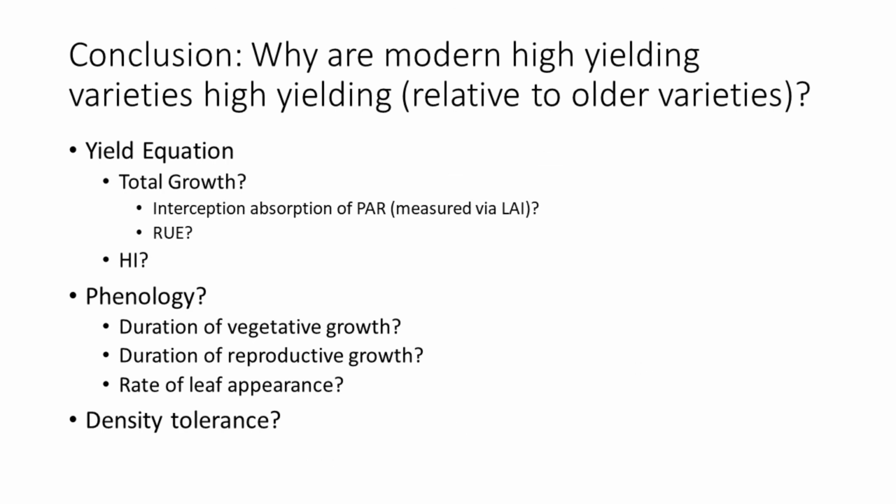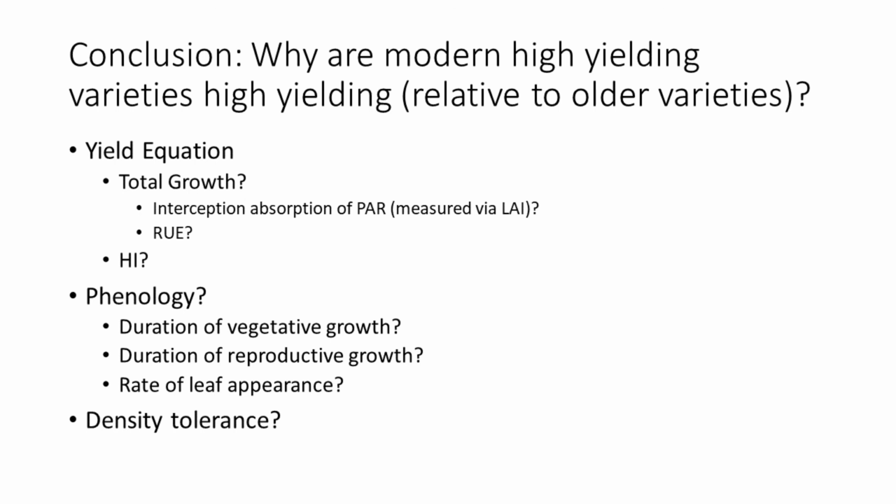So this has been a pretty long video. Let's wrap it up. In conclusion, why in Ontario corn production are modern high-yielding varieties higher yielding? What are those pathways of yield improvement? What is responsible for that pure effect of G on cropping system productivity? Can we relate it back to the yield equation? Yes, we can. Total growth, yes.